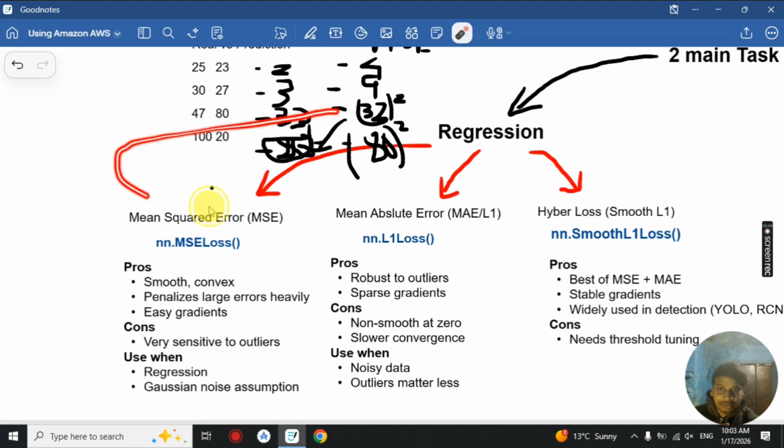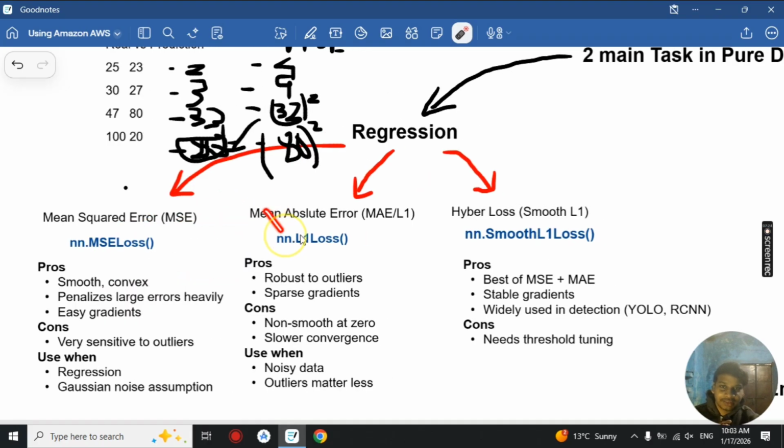It's useless to raise this much error if the 100 was actually an outlier. It is basically used for regression with a Gaussian noise assumption. Generally, the most famously used loss for our regression tasks is mean square error loss.